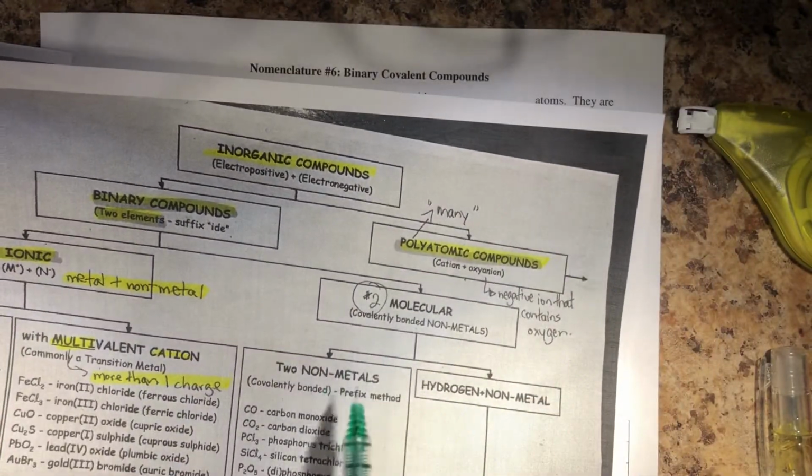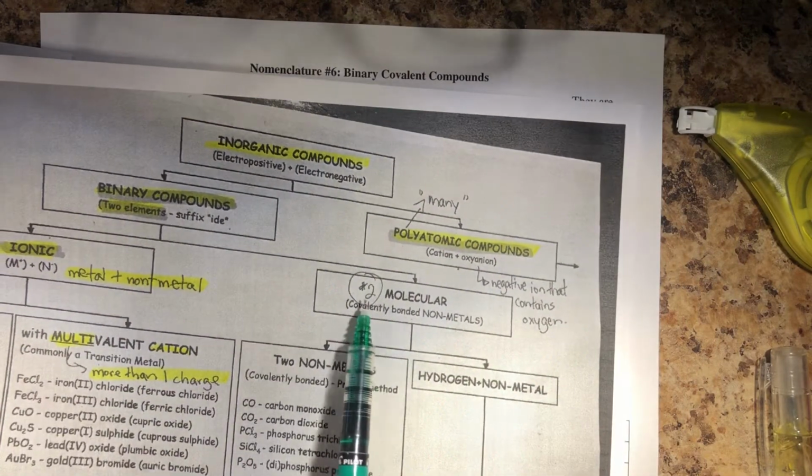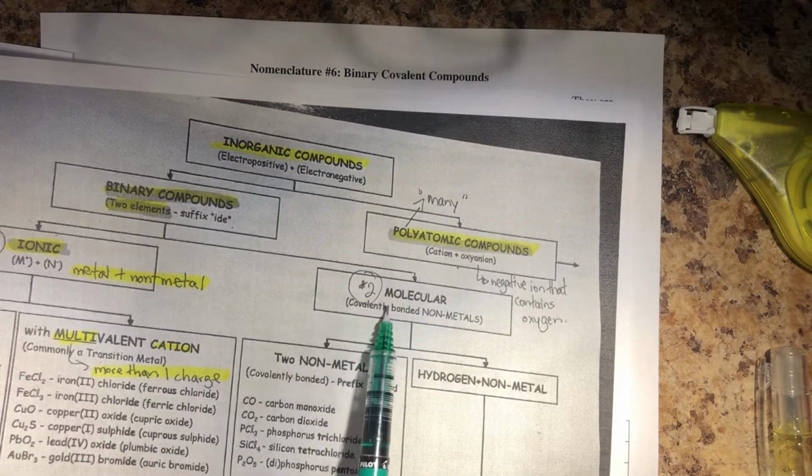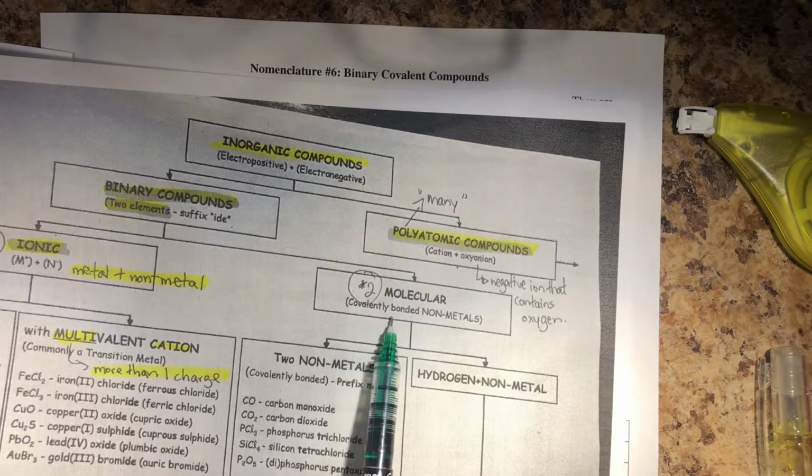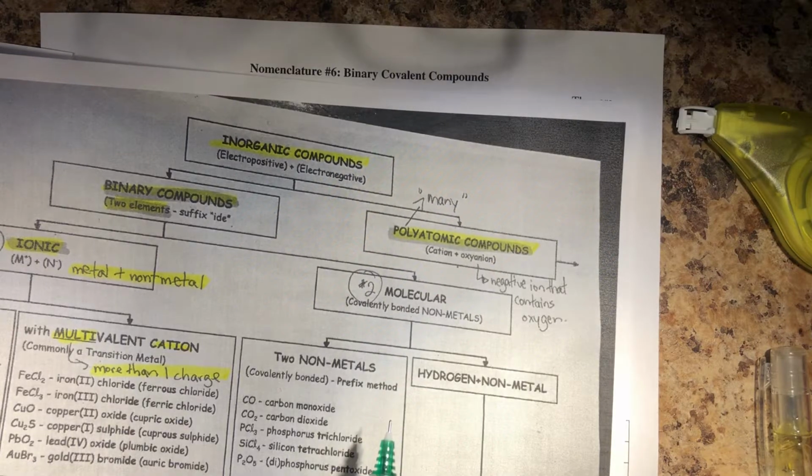The last type we're going to look at are molecular. So molecular compounds are ones that are covalently bonded nonmetals.